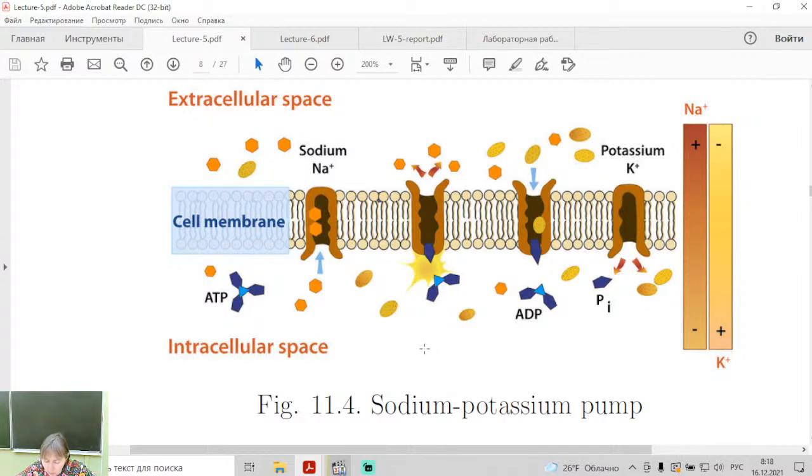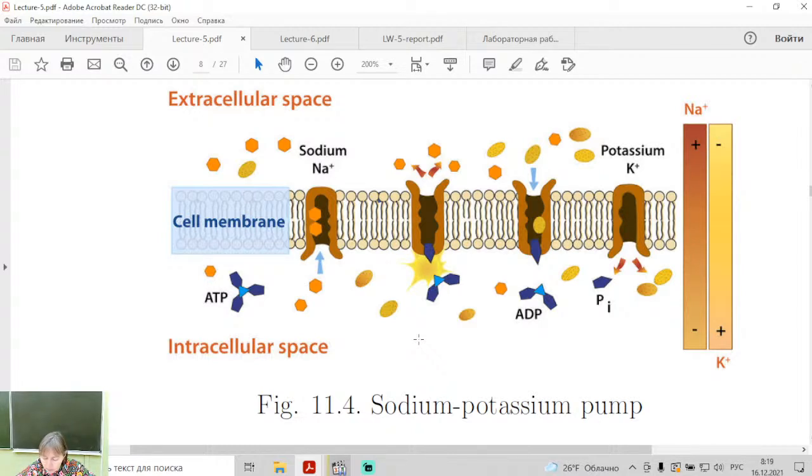The sodium-potassium pump of the plasma membrane, the calcium pump of the sarcoplasmic reticulum membrane, and the proton pump of mitochondria and chloroplasts. Active transport includes transfer of different substances, for example, sugars, across the membrane of intestine epithelium cells.